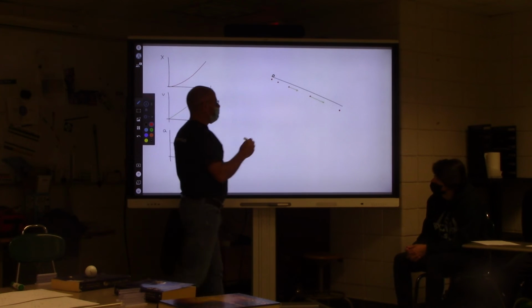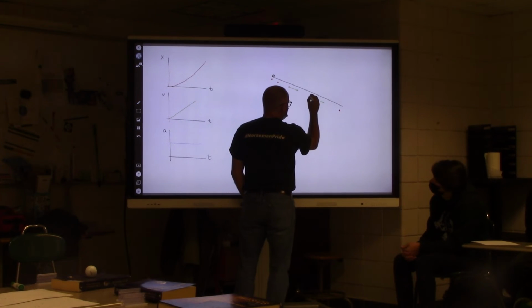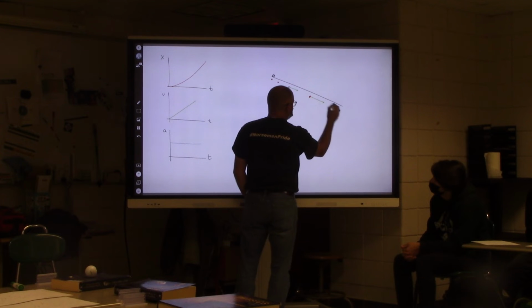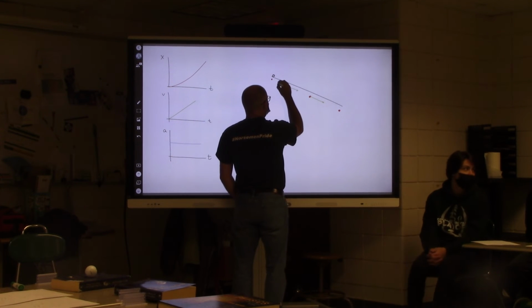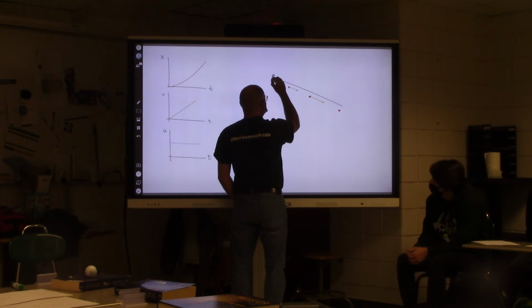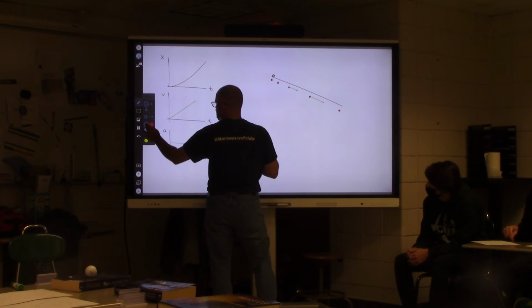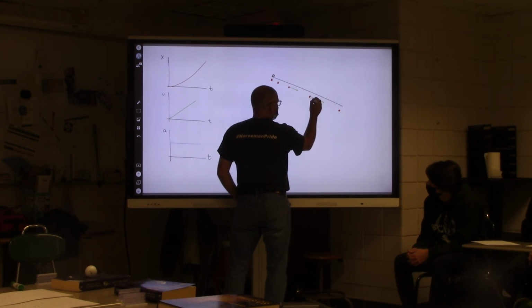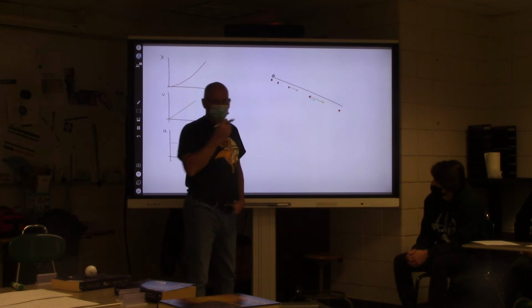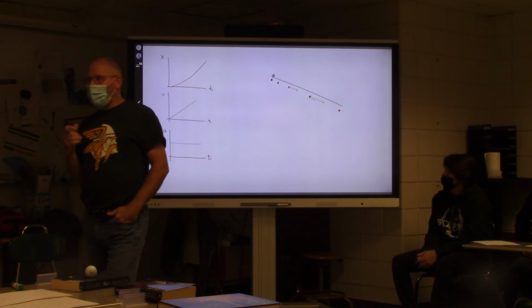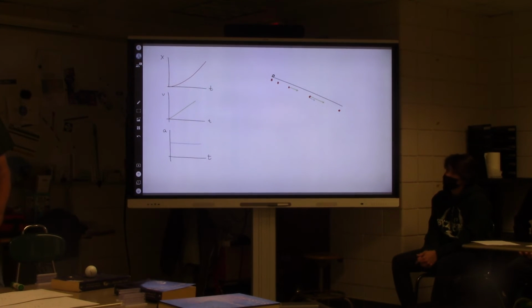So to do this, one thing you can do is you can just make your dots a little fatter, and include acceleration arrows. Is that cool?